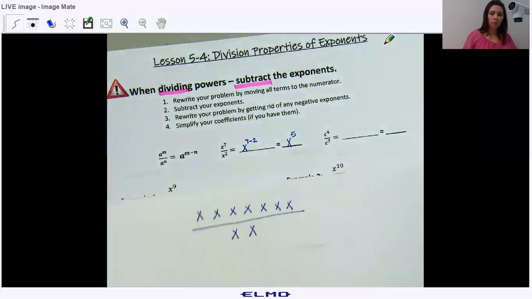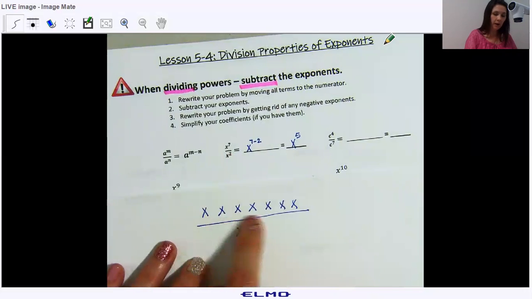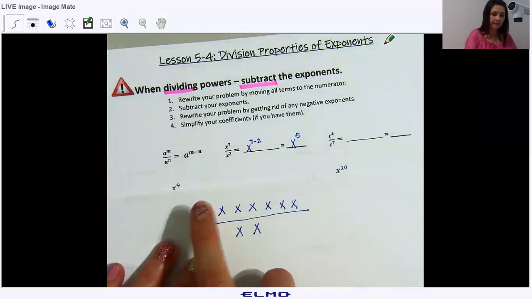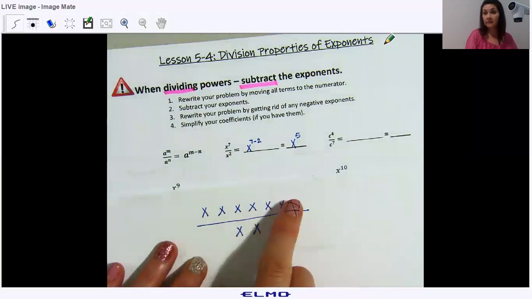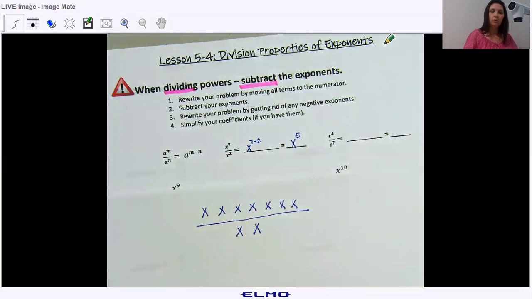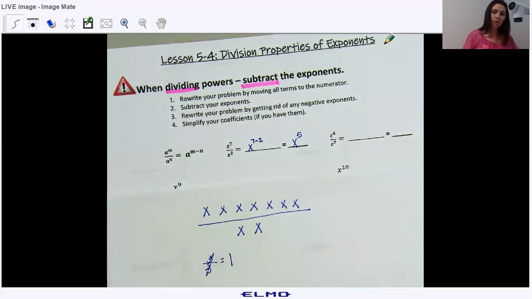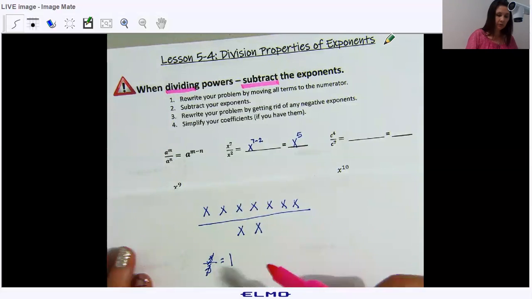And I wanted to show you what is actually taking place here. So I wrote my x to the power of 7, which is the same as x times x times x times x times x, 7 times, and then x to the power of 2. Okay, and you know that anytime you have a fraction, say 3 over 3, those 3's will cancel out and you end up with a 1, right? So when we're dividing with powers, that's very similar to what we're doing.